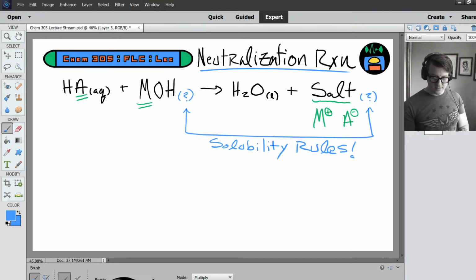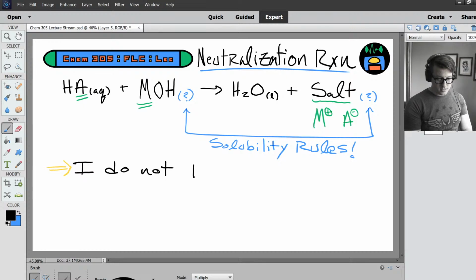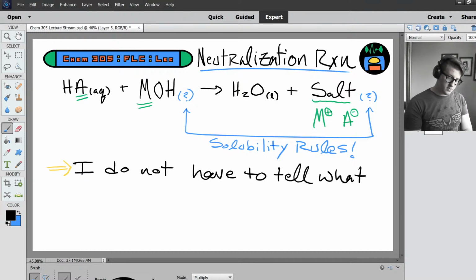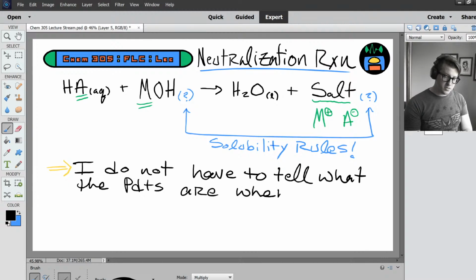The second thing that I want to point out here, and this is the reason why professors love neutralization reactions, is that I do not have to tell you what the products are when I ask you to balance this chemical equation.